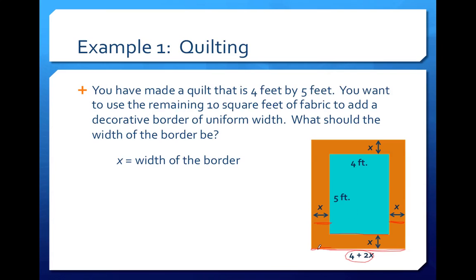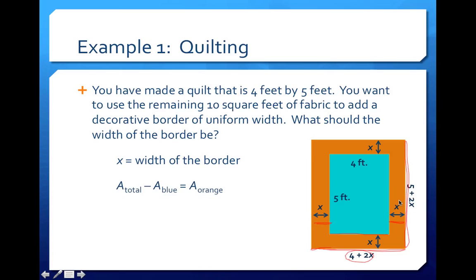So the entire quilt, when it's all done, will have a width of 4 plus 2x. Similarly, I can figure out what the length will be by looking at the 5 that I know from the quilt plus the 2 x's on either side. So even though I don't know exactly what the length is, I can come up with an expression to represent it, and that's very useful.